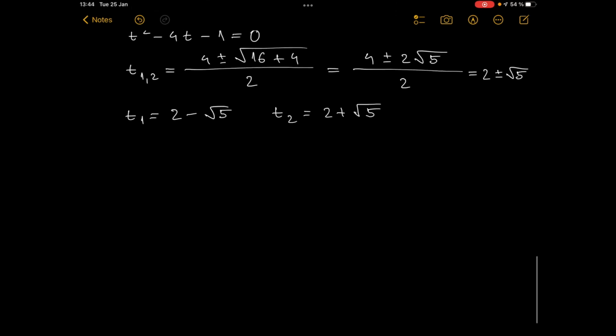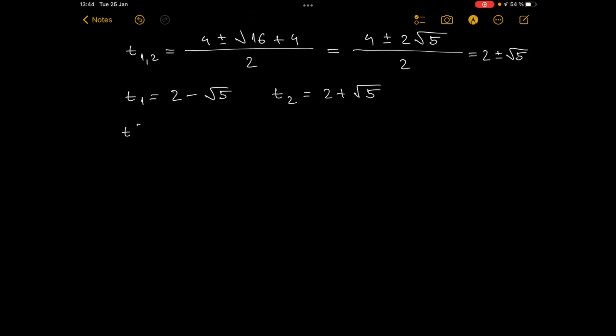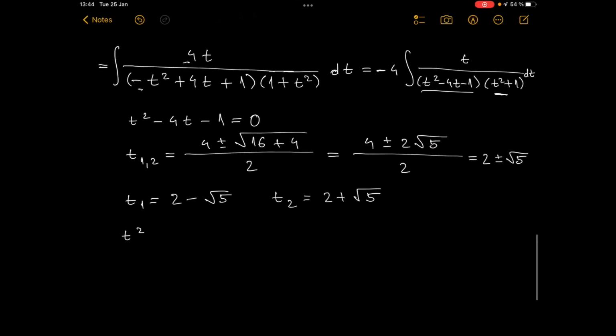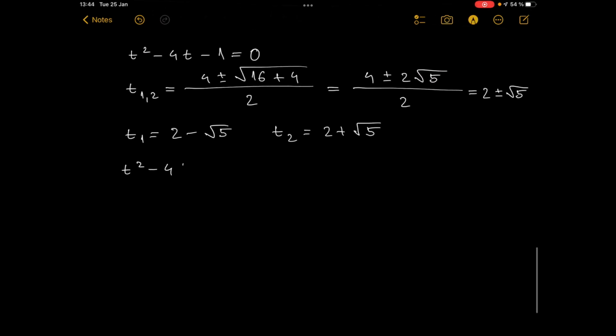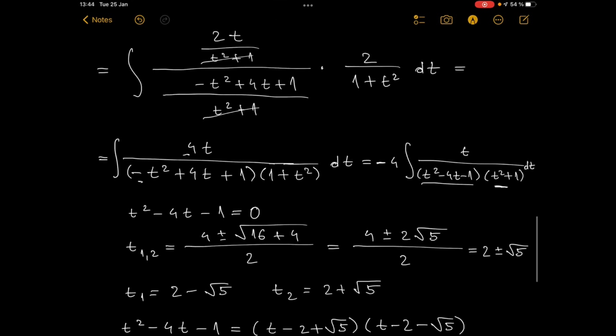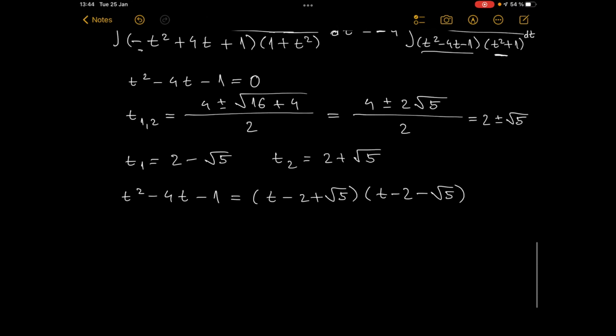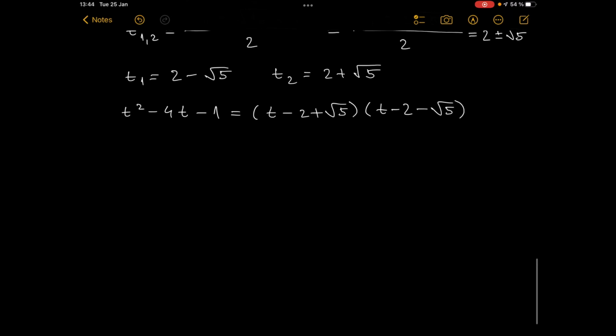That means we can rewrite our original expression, t squared minus 4t minus 1, as t minus 2 plus the square root of 5, times t minus 2 minus the square root of 5.